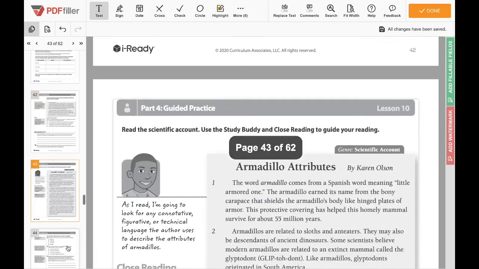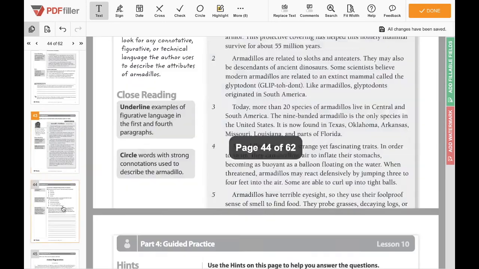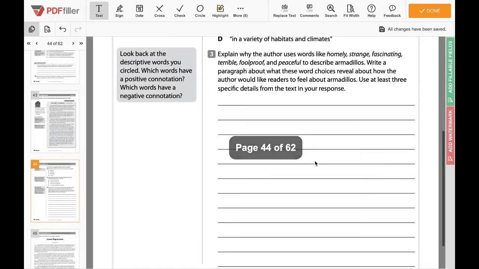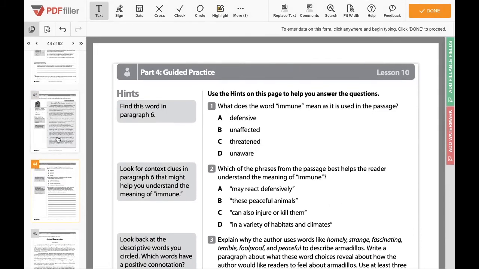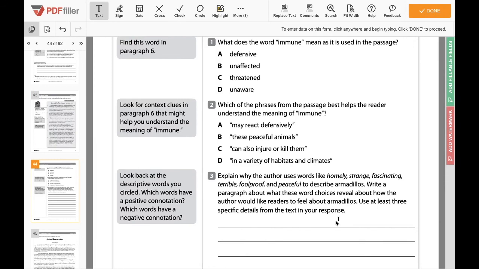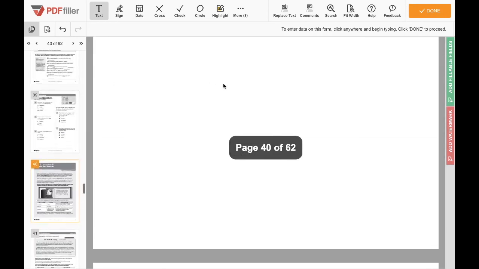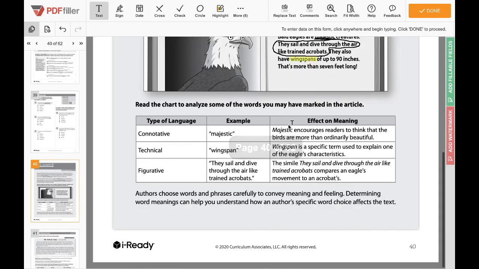So now you guys are going to take a look at page 43 and make sure you're using these close readings because it's really going to help you out. So make sure you look at page 43 and then you're going to do 44, and that's all you have to do for today, just those two pages on 43 and 44. The whole point here is we're looking at those different word meanings, okay?